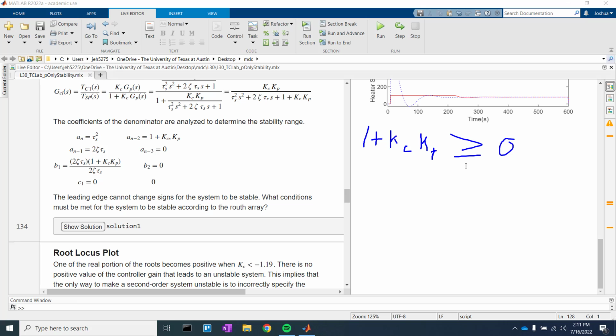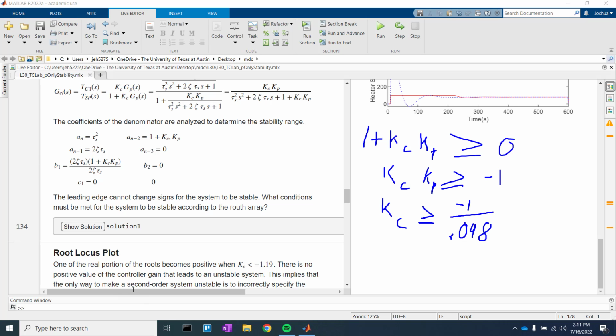We subtract over the negative 1. So that's going to be Kc Kp. You can tell I'm not ready to be a professor yet because my mouse handwriting is not that good. And then our Kp is 0.048. So Kc must be greater than or equal to negative 1 over 0.048.